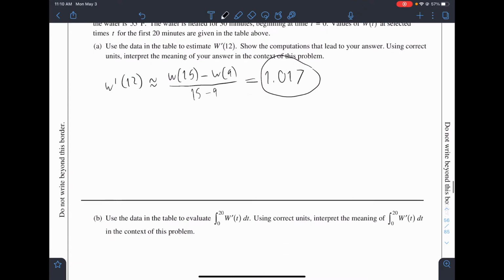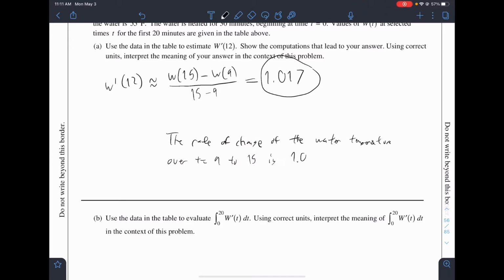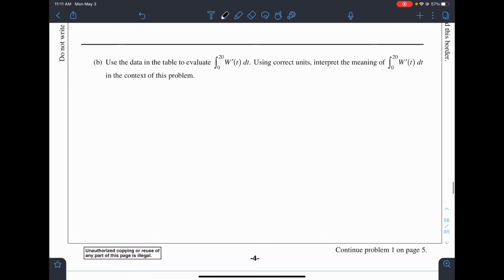So we can say the rate of change of the water temperature over T equals 9 to 15 is 1.017. So that's what that means in the context of the problem.